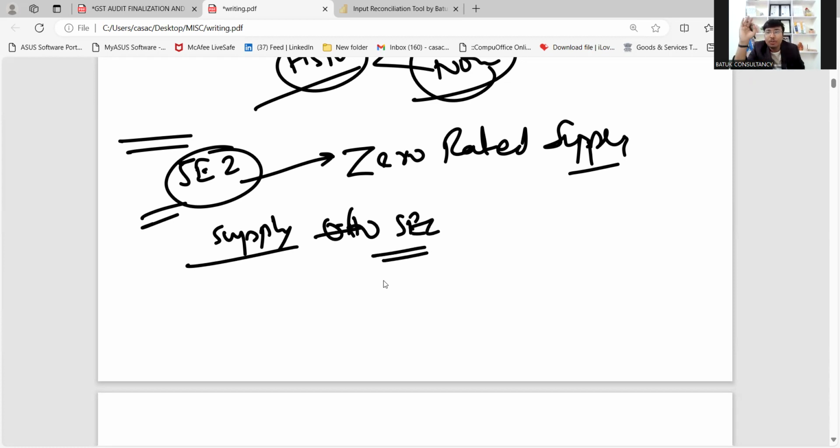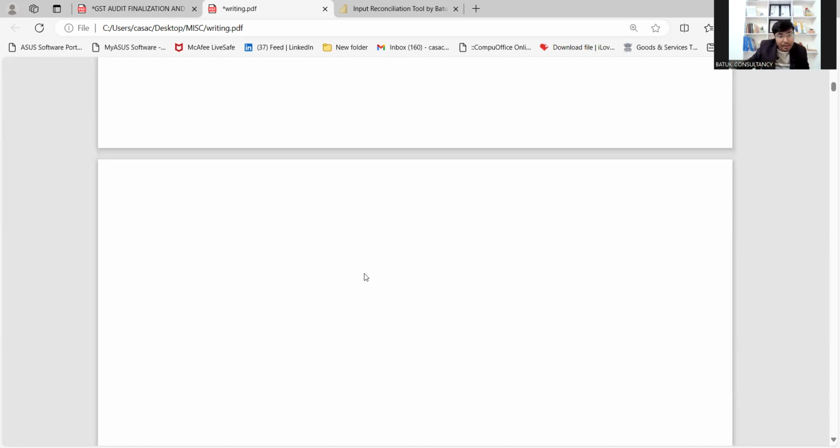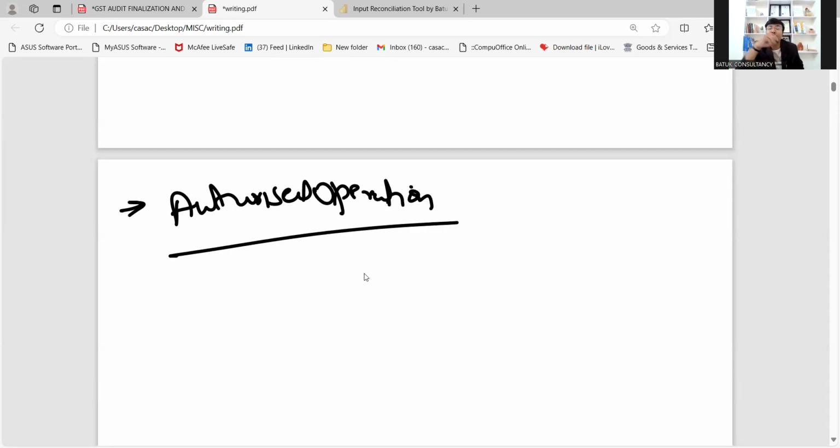In that case you just need to cross verify that if there is any sale to the special economic zone, the sale will be classified as zero rated supply only and only if the sale is to be used for the authorized operation. अगर वो बंदा उस प्रोडक्ट को, उस सर्विस को authorized operation के लिए काम में नहीं ले रहा है, in that case the zero rated applicability will not be there.